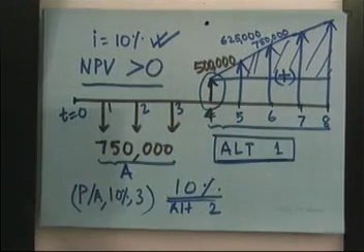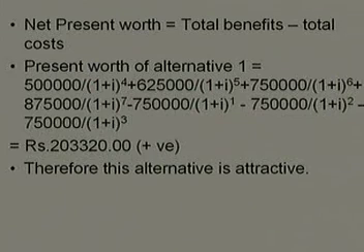Now, this entire computation has been done and shown in this particular slide. If you see this slide, it very clearly shows net present worth is nothing but total benefits minus total cost, or rather total returns minus total cost.